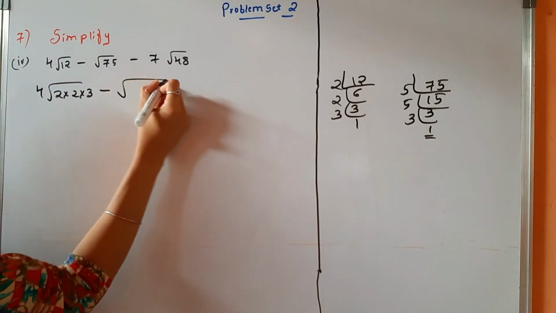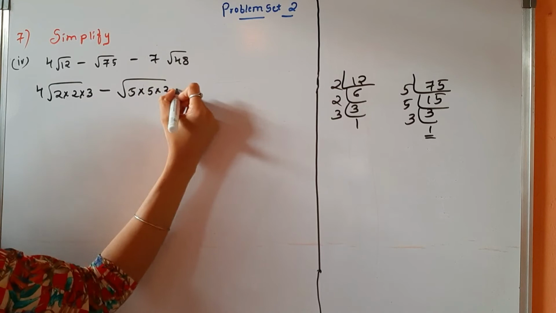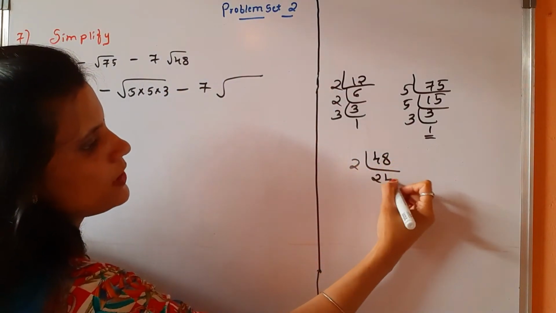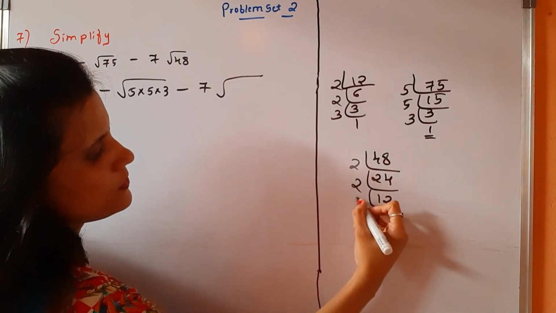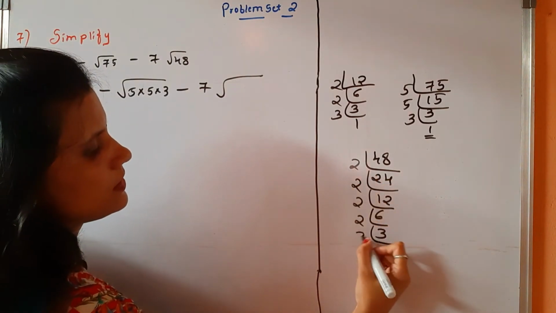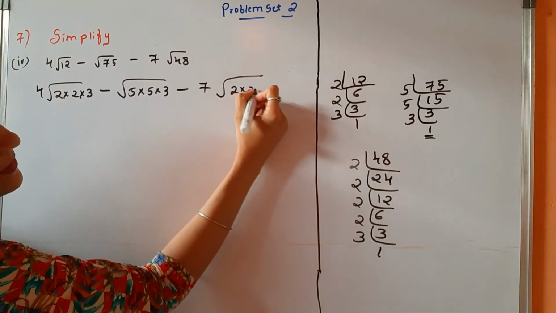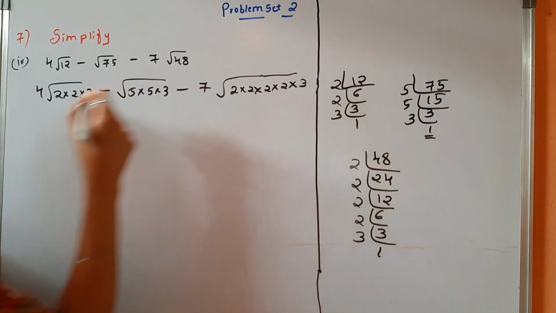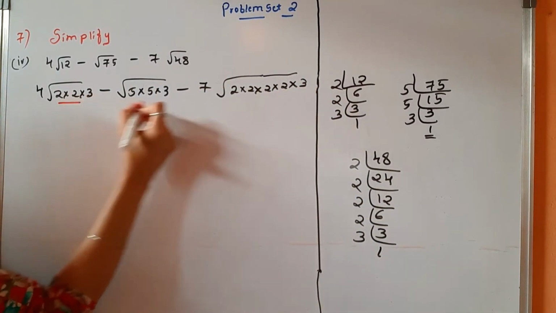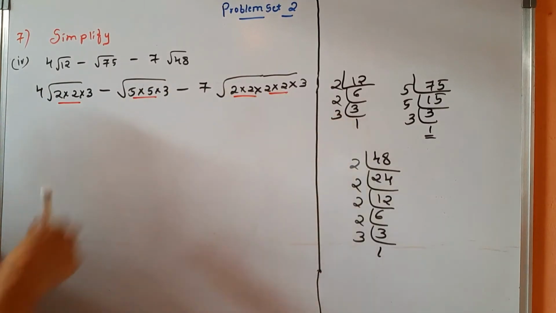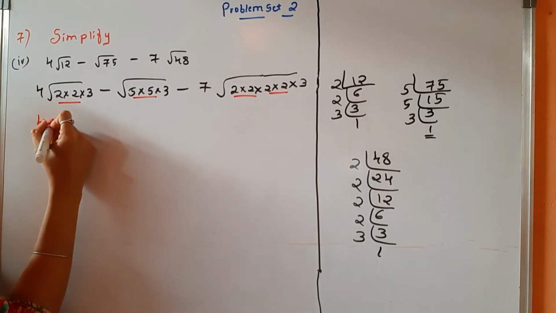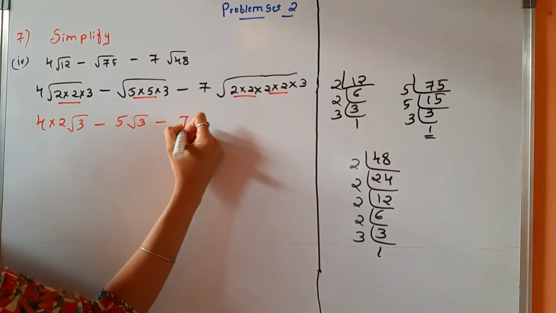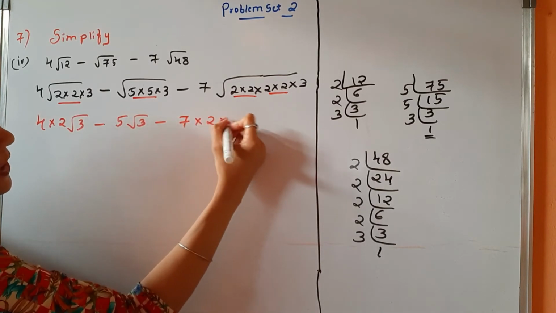So we have got 5 into 5 into 3, minus 7 square root of 48. 48: 2 2s are 4, 2 4s are 8, 2 12, 2 6, 2 3, 3 1. 2 four times, okay, and 3. Fine. Now we will take a pair out here. Okay, everywhere we should take a pair out. So it will become 4, take pair out 2, so root 3, minus 5 out, root 3, minus 7 into 2, because 2 two times.